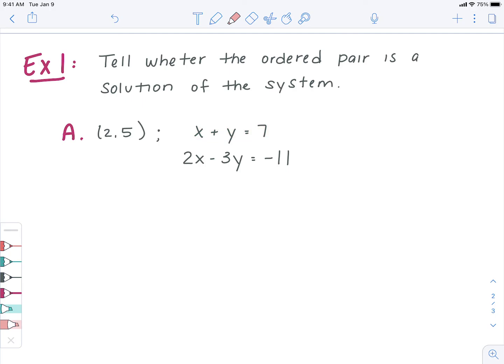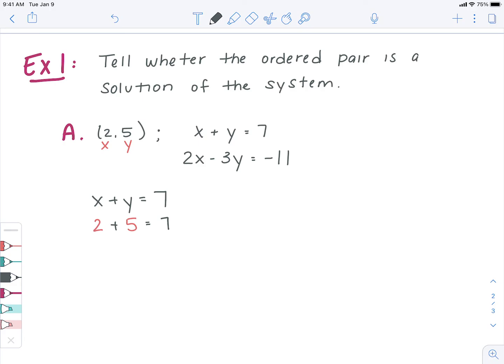So I know this is my x value and this is my y value. I'm going to take x plus y equals 7, and replace my x with a 2, plus I'm going to replace my y with a 5, equals 7.